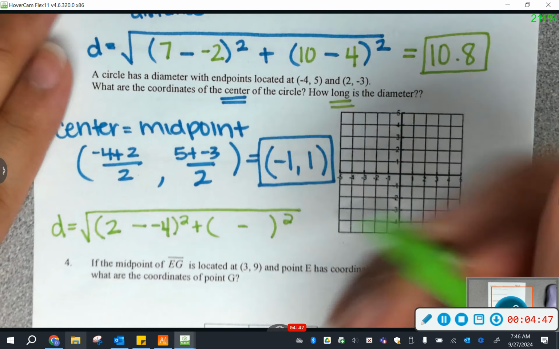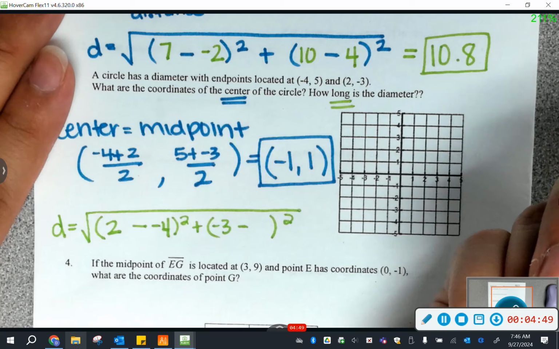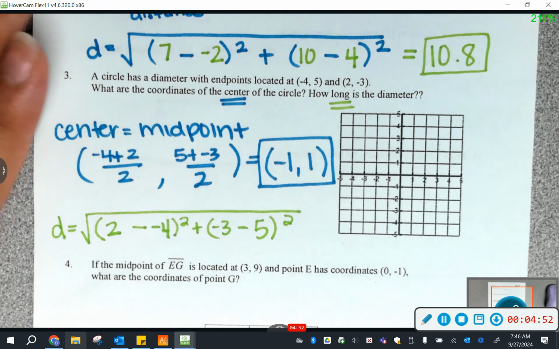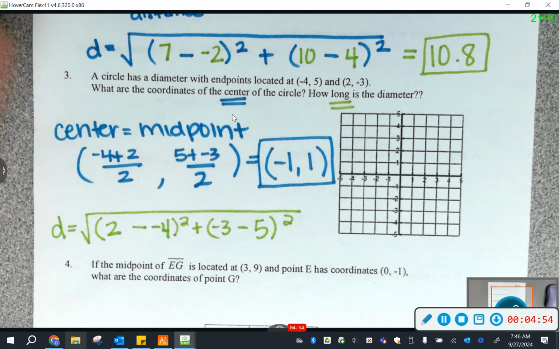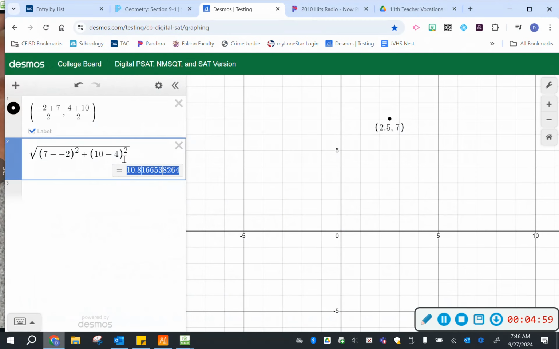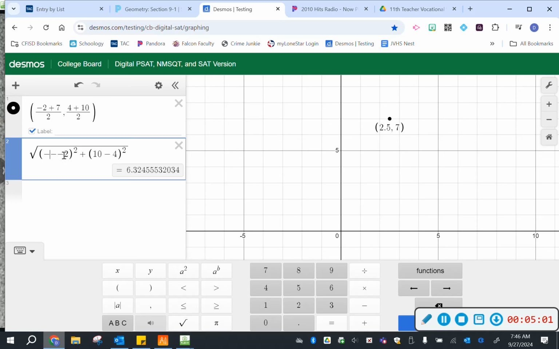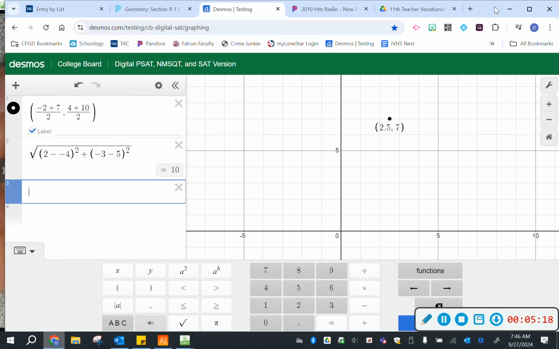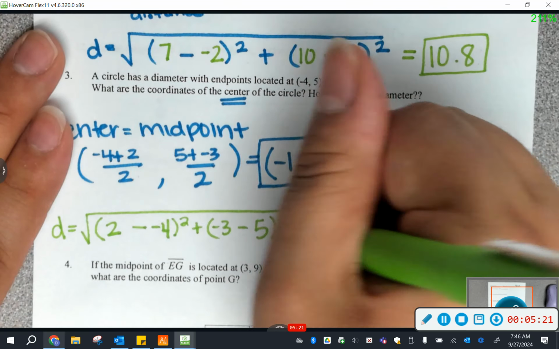What is your second y? And your first y? Again, I know I did that one pretty quick, but we just did distance formula. So this is just extra practice. And I'm just going to go in and positive 2 minus negative 4 squared, negative 3 minus 5. What did y'all get? Did y'all get 10 for that one? Okay. It is 10.